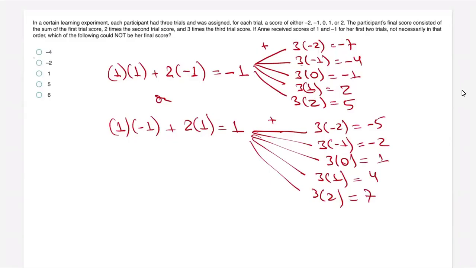So minus 4 we have here, minus 2 we have here, 1 we have here, 5 we have here, and 6 we don't have.